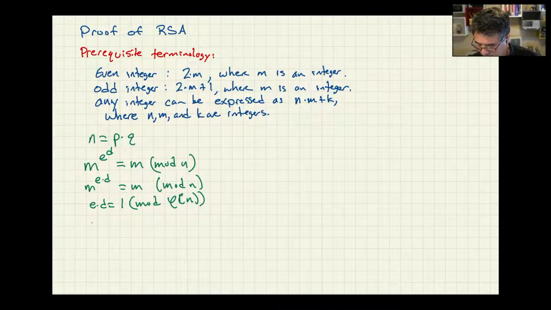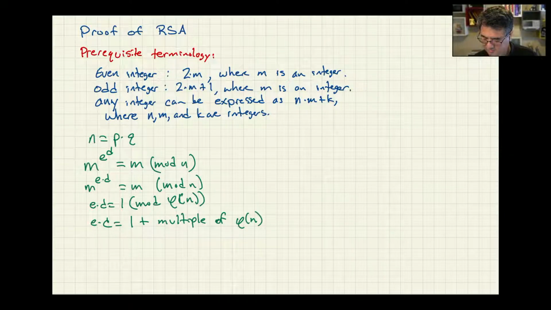So that means e times d is equal to 1 more than some multiple of the totient of n, our modulus number, which is right here. And a multiple of the totient means that there's just some integer k that we can use to represent that multiple.